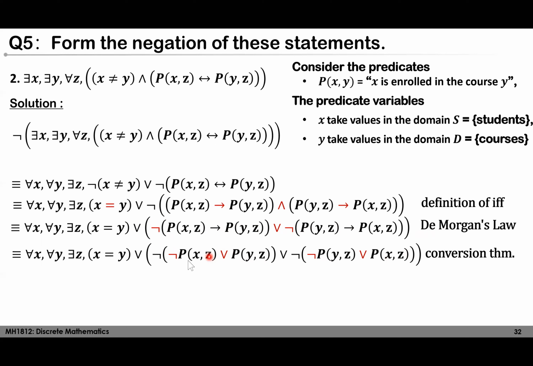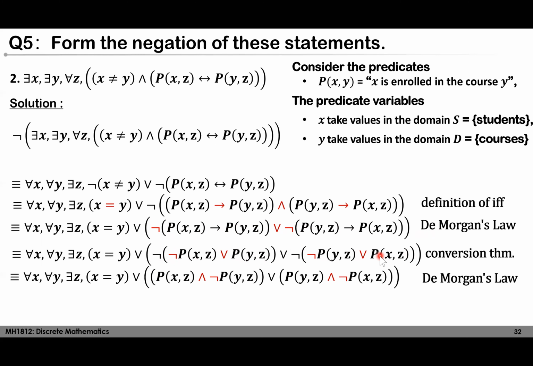And because there is negation of disjunction, by De Morgan's law, we get the negation of the conjunction to conjunction. So here we also use the double negation equivalence and continue.